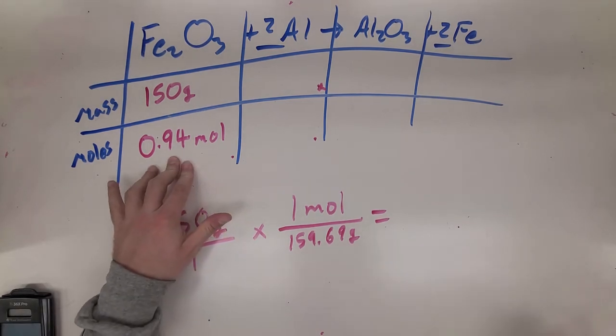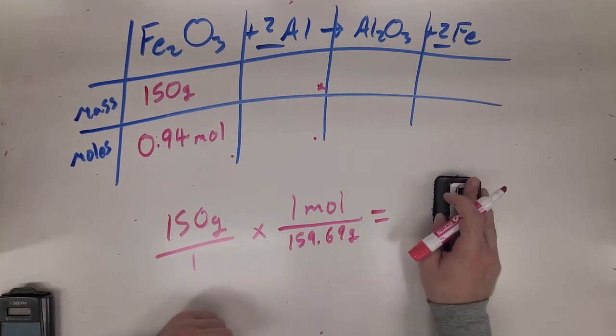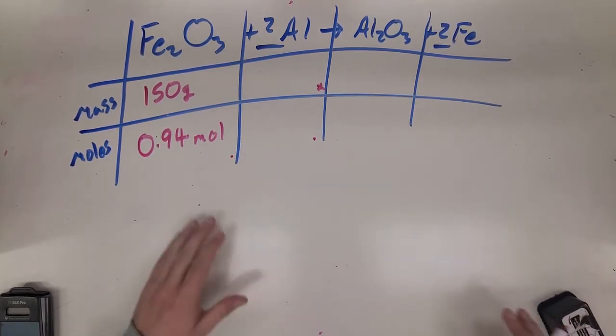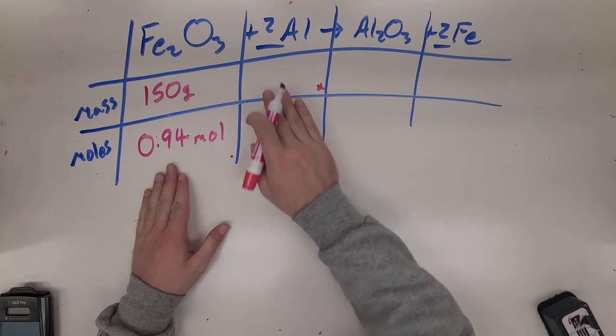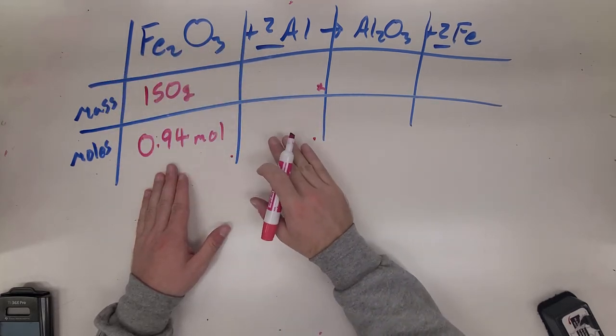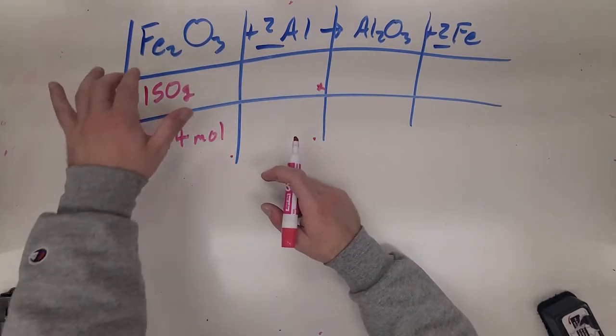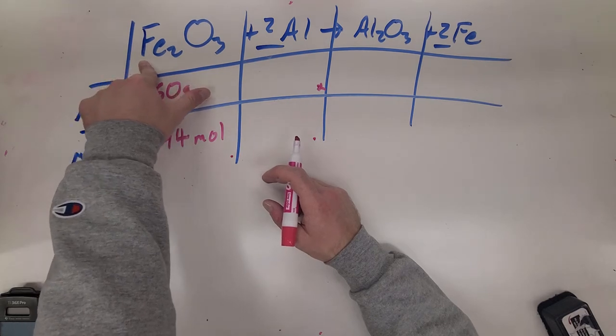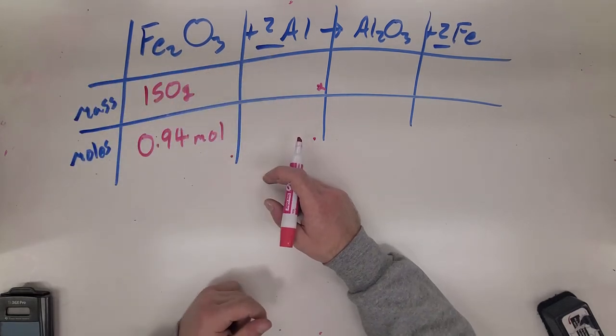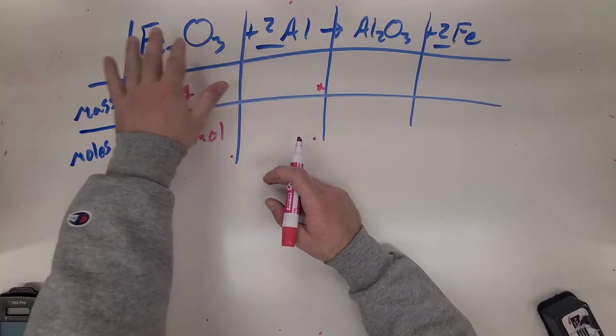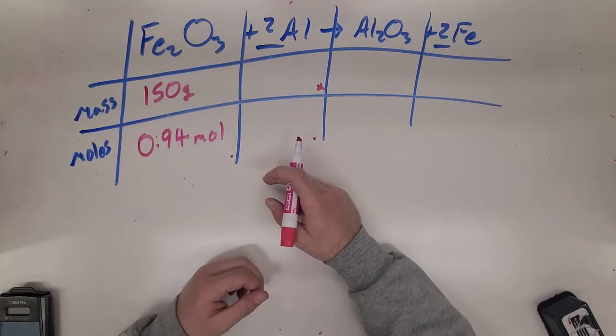Once we figure out the number of moles here, we can use this information and the information up here to figure out how many moles of aluminum would be needed. So for every 1 mole of iron oxide, it takes 2 moles of aluminum to react with all that iron oxide to completion.